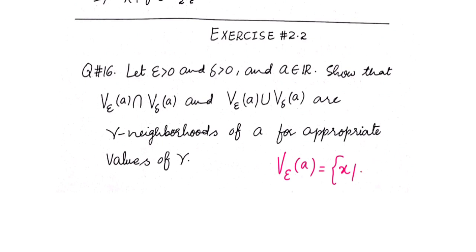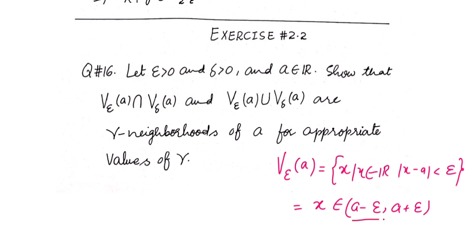This is the set of all real numbers x that satisfy the condition absolute value of x minus a is less than epsilon. Or in more simple words, this can be written as x belongs to a minus epsilon to a plus epsilon. This is an open interval. So this open interval actually represents the epsilon neighborhood of a.